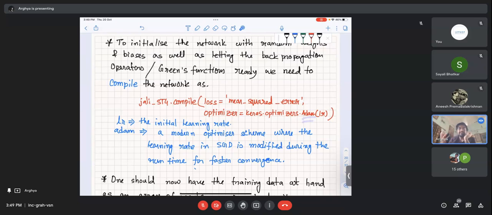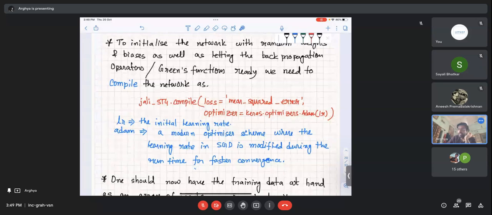It's adaptive something, I forgot the name again. But Adam is something very modern. People are using Adam now. What Adam does is that you start with some initial learning rate that you specify here, and then Adam keeps modifying it as the training goes on to get faster convergence. You can tweak the parameters of Adam, but those are under-the-hood things, and I'm not going there. For a simplistic scenario, you just put Adam and then your learning rate.